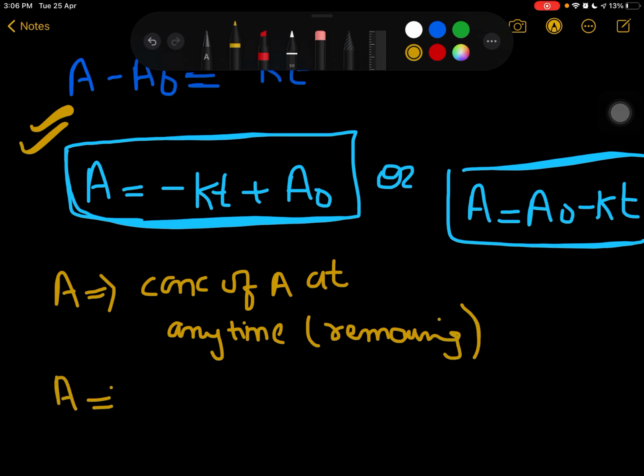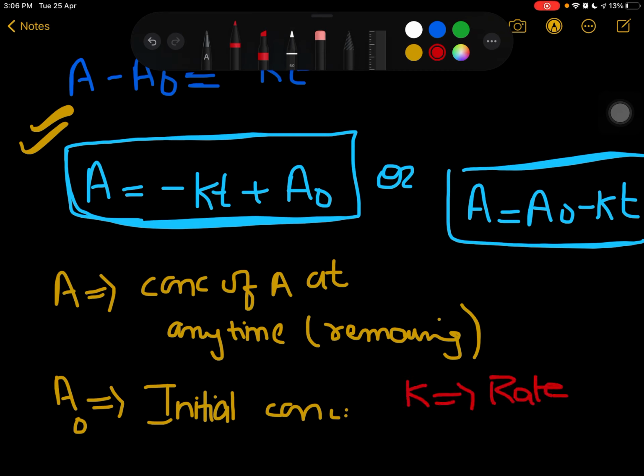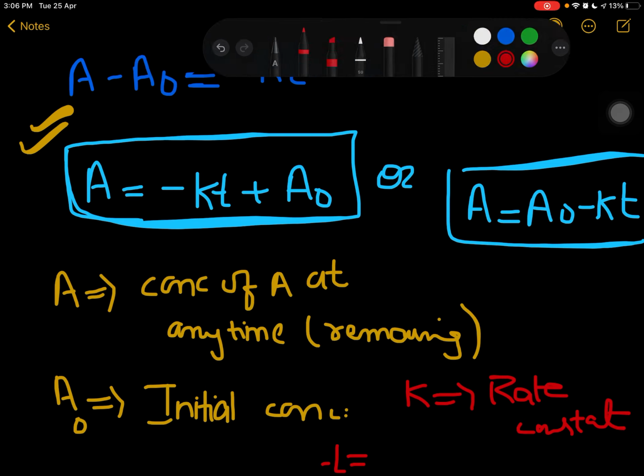Then A naught is your initial concentration, right? Then we have k, which we well know is a rate constant, right? And then we have time.